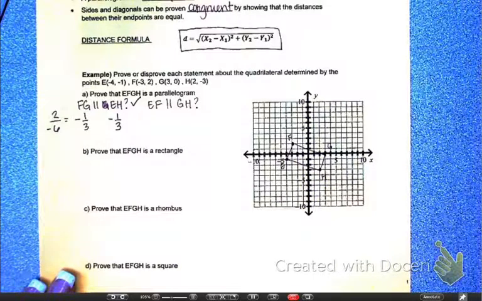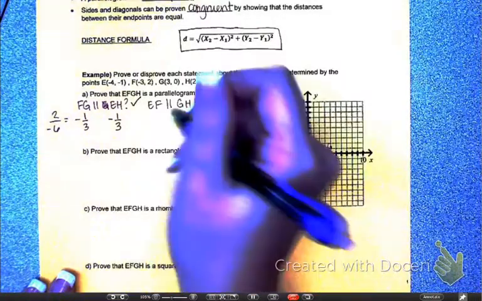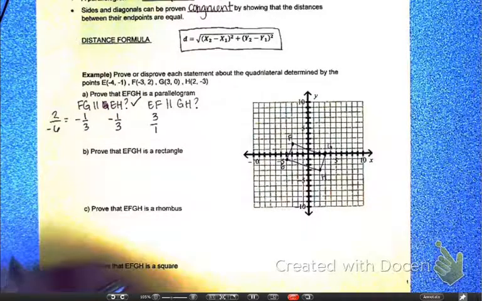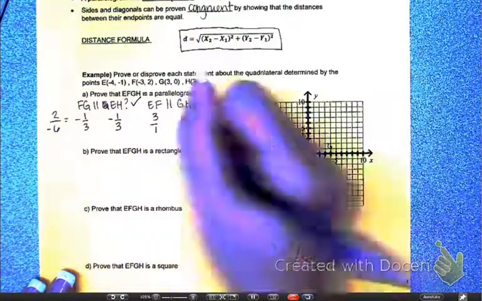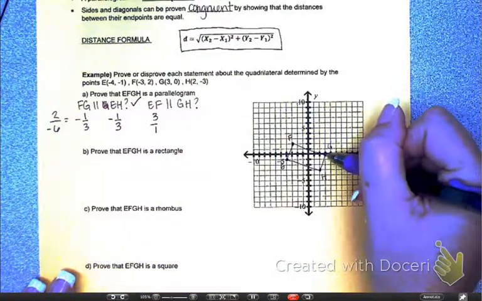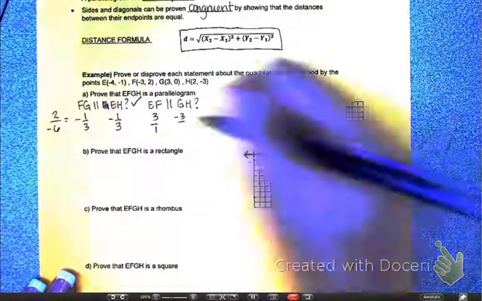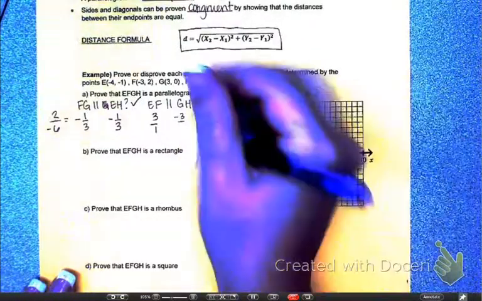Who found the slope of EF and can give us the slope of EF? 3 over 1. Okay, so you went up 3 over 1. And what about GH? So if I'm going from G to H, how many do I go down? 3. I go down 3, and I go backwards 1.